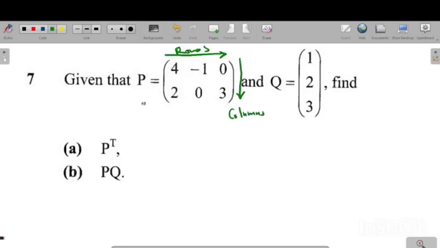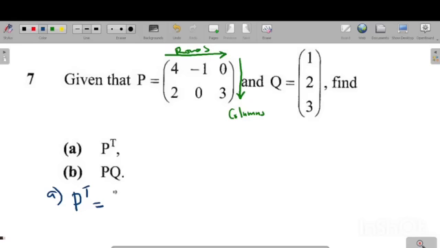Okay, so now coming back to P transpose. Whenever the question is asking you to find the transpose of a matrix, they just want you to change the rows to become columns. In other words, you are interchanging the rows and columns. So you can see that you have this row. Now you need to change this row into a column.